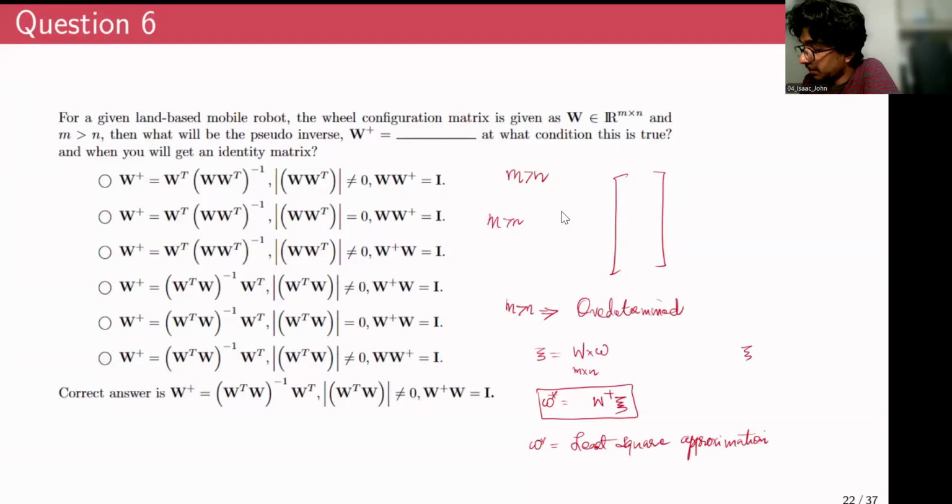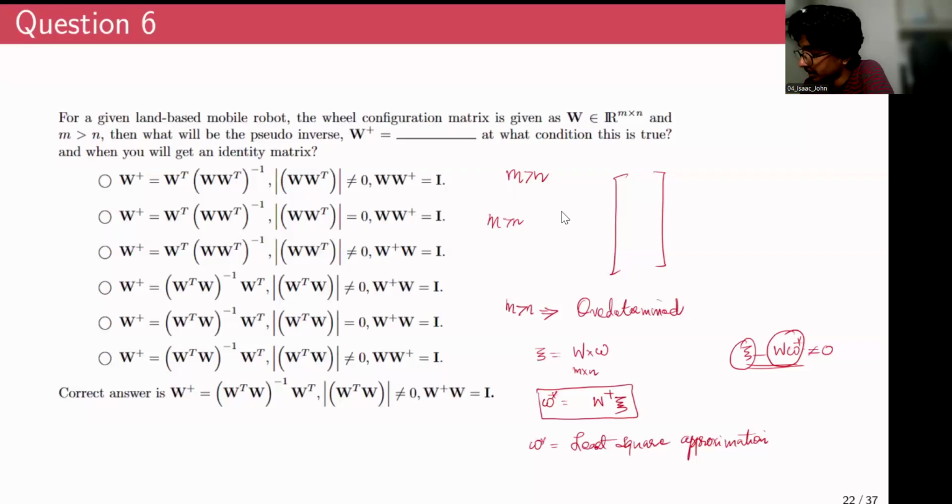Typically, we want theta minus W omega to be 0 because these are equivalent. But since we are only finding out an approximated value of omega star, this is not going to be equal. But omega star will ensure that the least square error between theta and W omega star is going to be minimal. It's not 0, but there is a finite amount of least square error, but it's going to be very minimal.